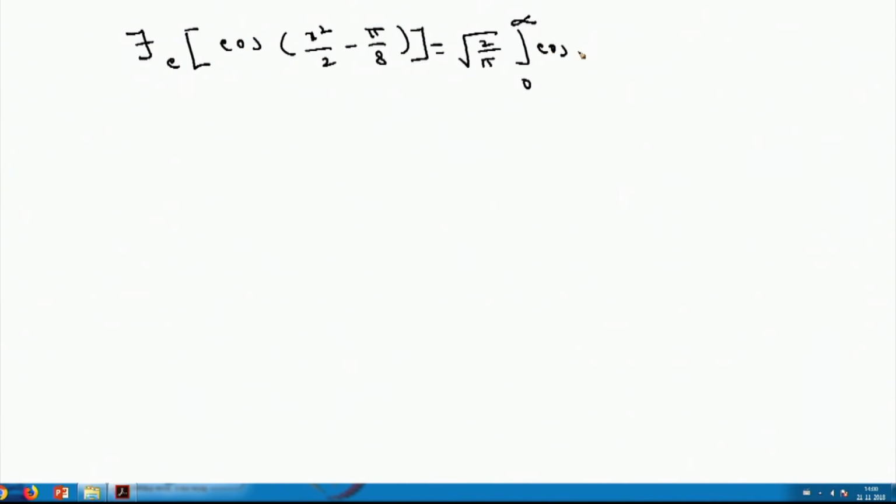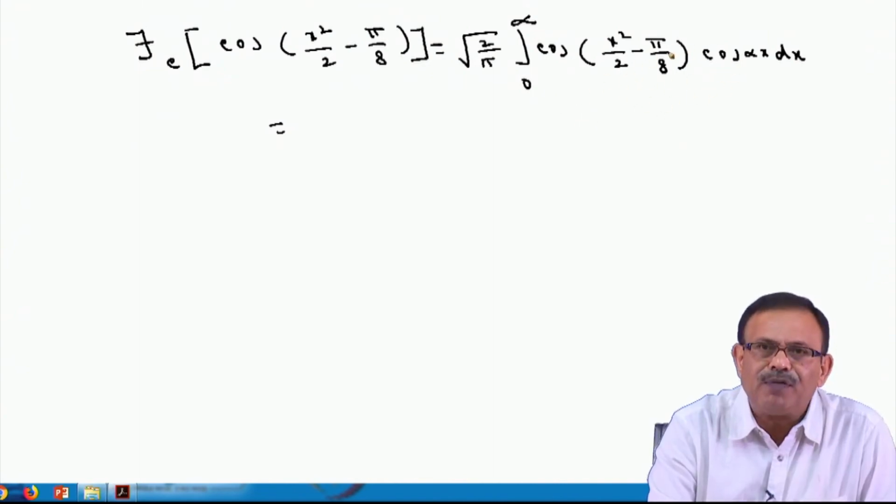So, 0 to infinity cos of x square by 2 minus pi by 8 into cos of alpha x dx. So, this equals, I can write it as, 0 to infinity, this cos function is there. Therefore, the function is an even function.